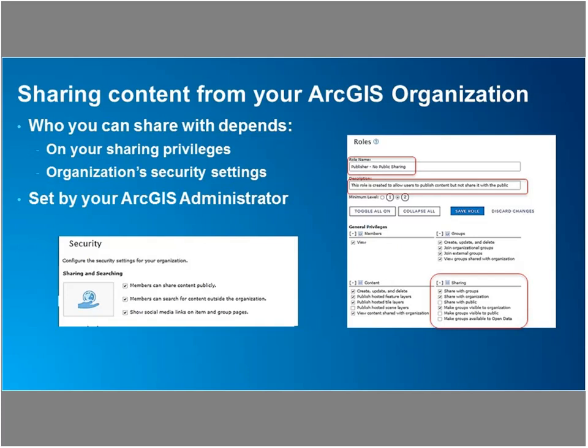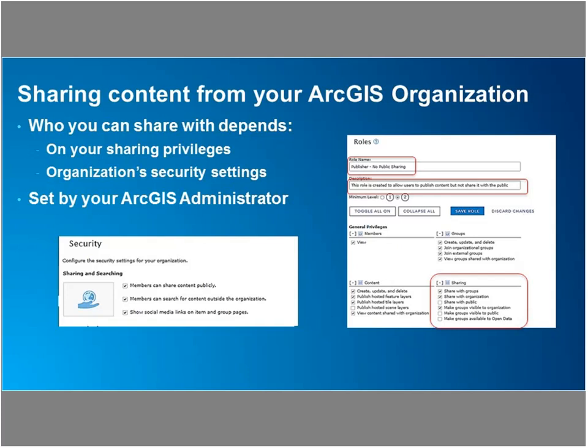Your organization will need to decide who can share what, and that will determine what you can do too. It's really set to your role and what you need to do in your organization. You might also want to share to a private group within your organization, so only those members can access the data.